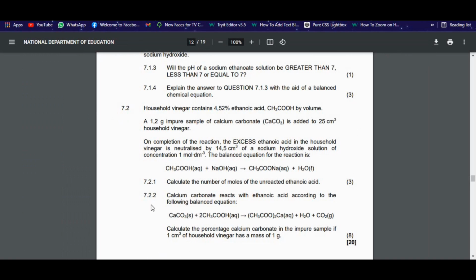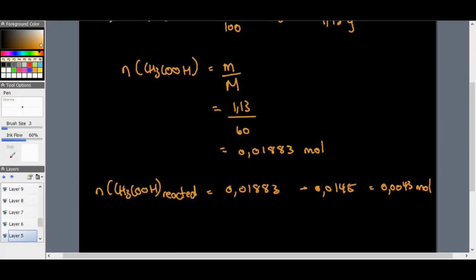Now remember, for calcium carbonate to CH3COOH, we've got a ratio of 1:2. So if we want to find out the number of moles of calcium carbonate, it's going to be this amount of moles divided by 2 times 1, so basically a half.